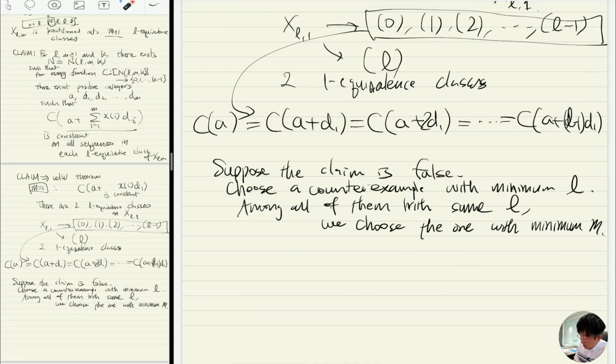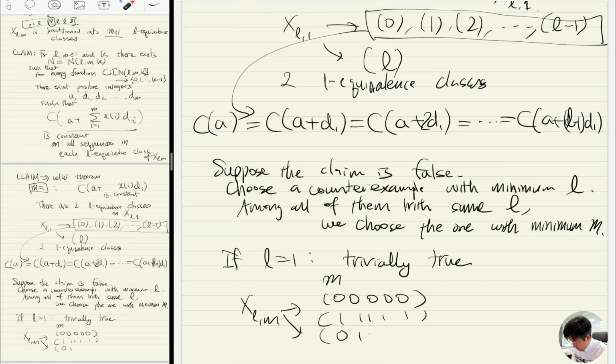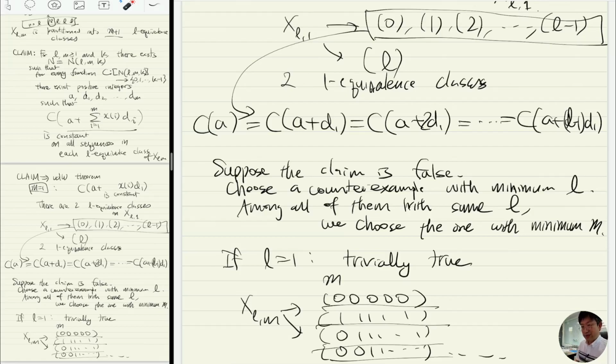When L is 1, it's trivially true. Why? Because when L is 1, each L-equivalence class is just one sequence. X_{L,M} is partitioned into equivalence classes, but the sequences look like 0, 0, 0, 0, 0, or 1, 1, 1, 1, 1, 0, 1, 1, 1, 0, 0, 1, 1, 1.